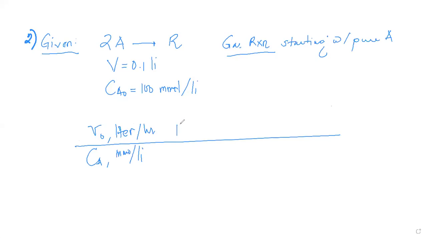For 10, you have 85.7. For 3, you have 66.7. For 1.2, you have 50. And for 0.5, you have 33.4.